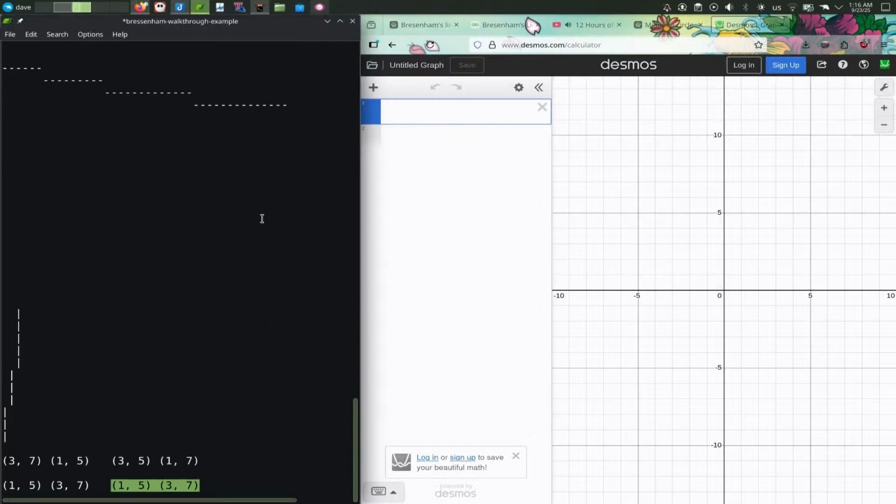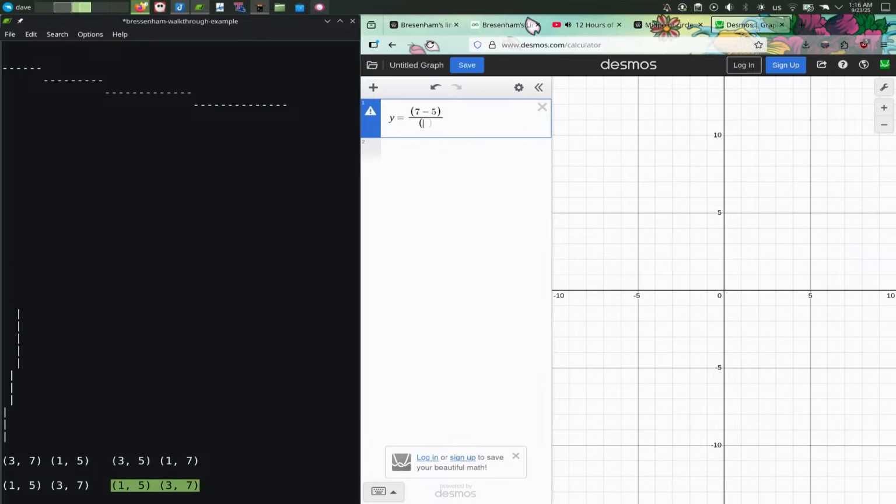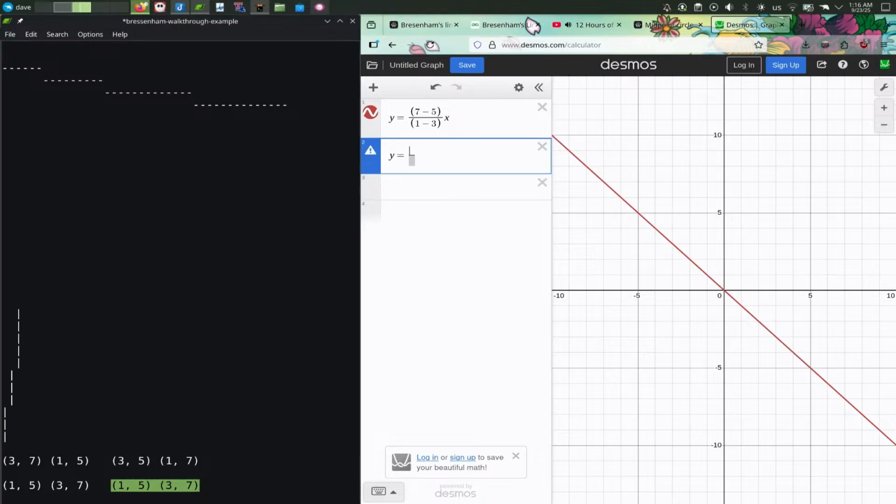One sec. Yeah, those are no longer the same line, right? So that can't be done.